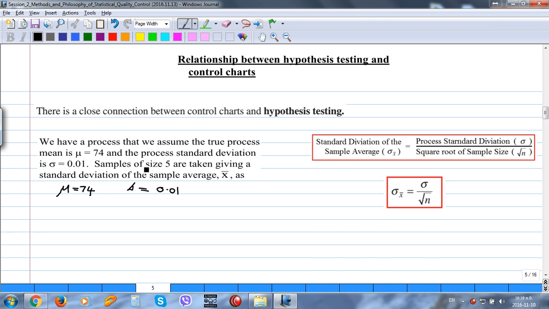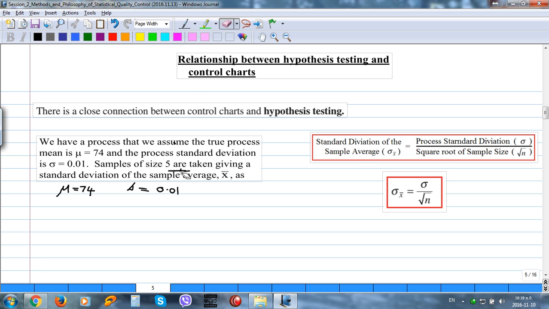A sample size of 5 is taken, giving a standard deviation of the sample average as sigma x bar. Out of this population we draw a sample of size 5, and the sample mean is given as x bar.